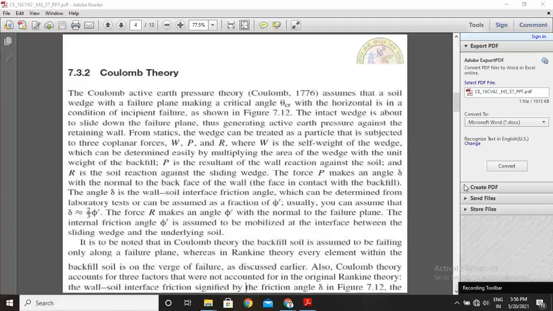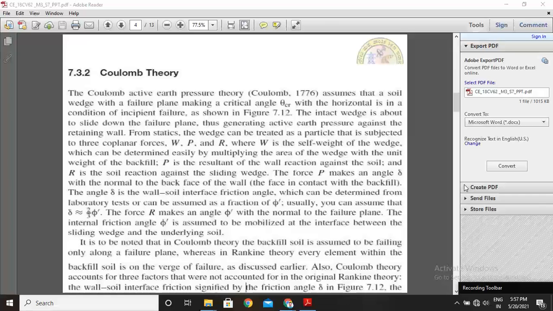P is the resultant of the wall reaction against the soil, and R is the soil reaction against the sliding wedge. The force P makes an angle delta with the normal to the back face of the wall. The angle delta is the wall-soil interface friction angle, which can be determined from laboratory tests or can be assumed as a fraction of phi dash.